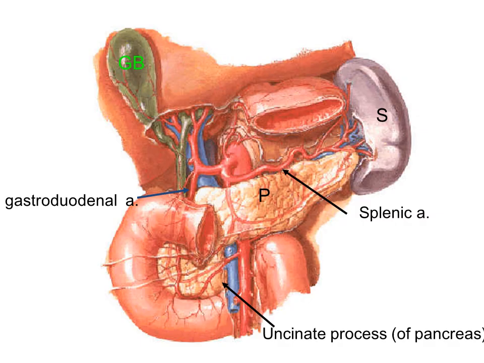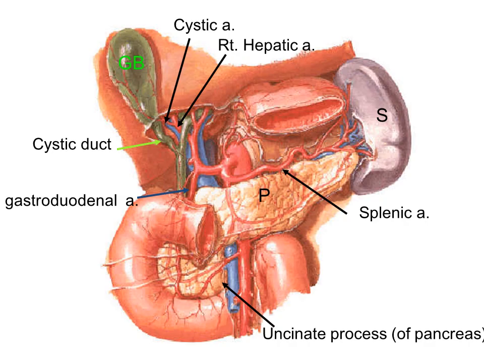Here we have the pancreas, with the head in the concavity of the duodenum. You have the first part of the duodenum, second part, third part, and fourth part. And you can see here the spleen, pancreas, gallbladder, splenic artery, gastroduodenal artery, the uncinate process of the pancreas, and also we have the right hepatic artery, cystic artery, and cystic duct.